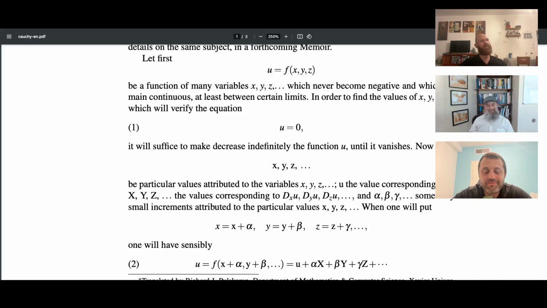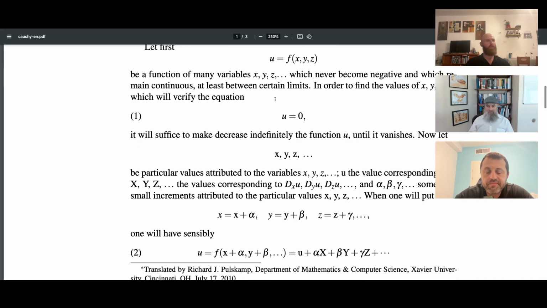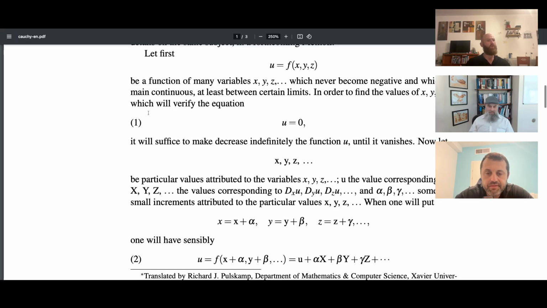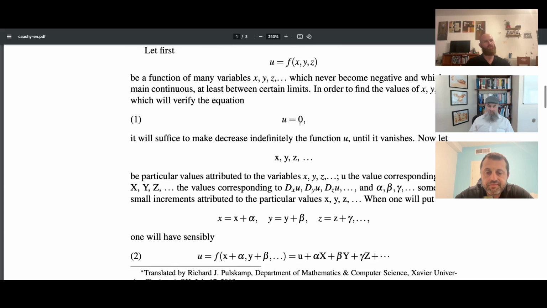So he defines u, which equals f, a function of x, y, z, but it could be many variables. And he says which never becomes negative and which remains continuous, at least between certain limits. And then he says, okay, in order to find those values of x, y, z which will verify the equation u equals 0.